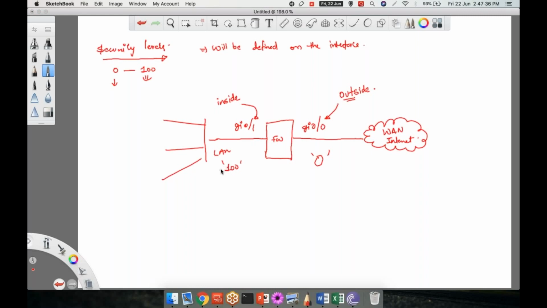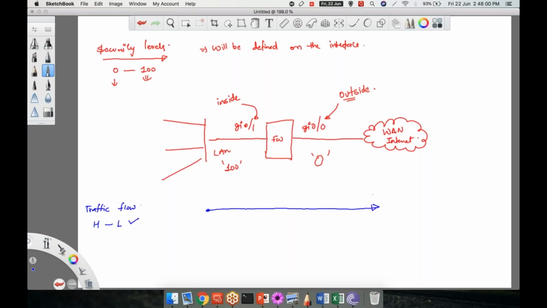And what we have said since the start: what is the goal of a firewall? The goal of a firewall is to allow traffic from a trusted zone to an untrusted zone. So can I come to a very important conclusion about traffic flow? Traffic is always allowed from a higher security level to a lower security level.